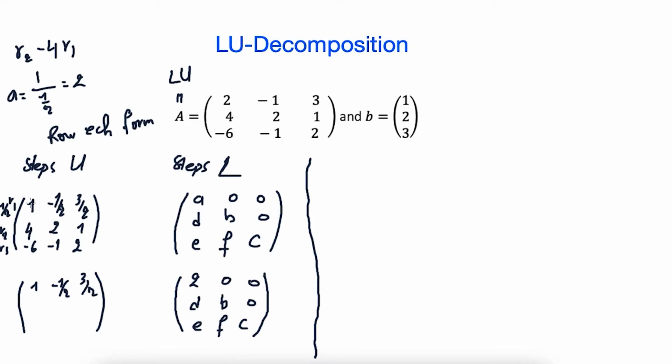So in R2, 4 minus 4 times 1 is 4 minus 4, which is 0, and 2 minus 4 times -1/2, which is 2 plus 4 times 1/2, which is 2 plus 2, which is 4. And at this position we have 1 minus 4 times 3/2, so 4 times 3/2 is 6, so 1 minus 6, which is -5.